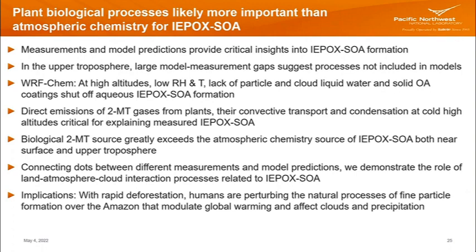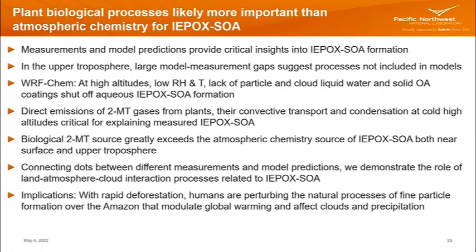So the direct emissions of methyl tetral gases from plants, which is related to environmental stressors, plant stressors, and their convective transport and condensation was critical. This biological source of 2-methyl tetrals is not well understood, so more measurements are needed to understand it and to measure it.